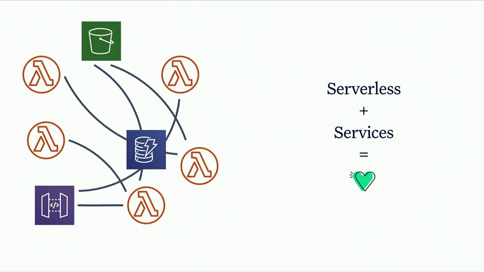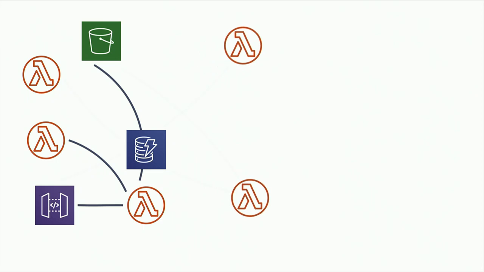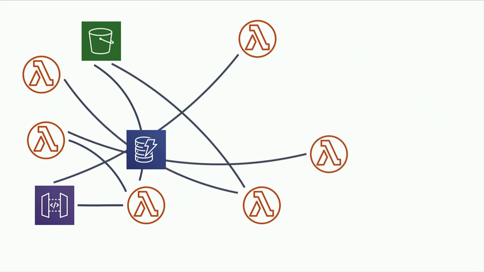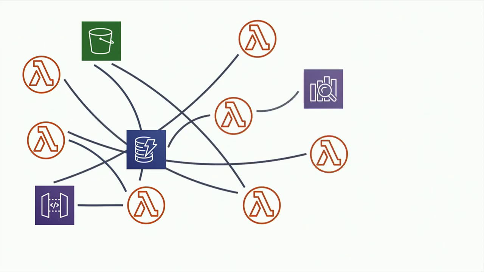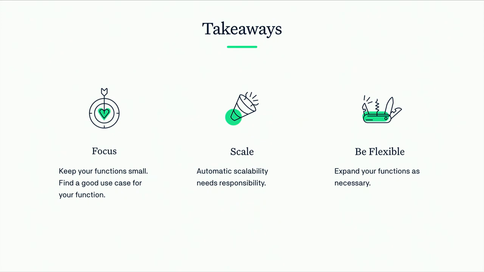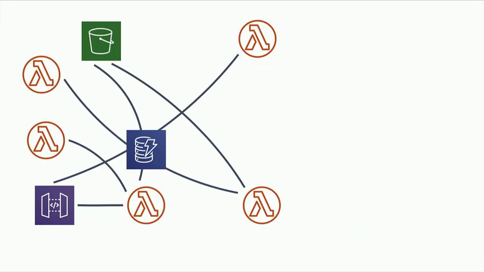In general, I think serverless functions and additional services are quite a good mix for your app. It's pretty cool what you can do with that. And one really nice advantage of serverless functions is that you are able to easily attach new functions to your app.